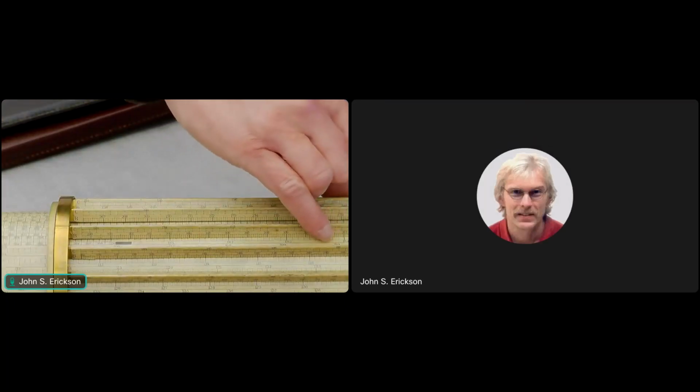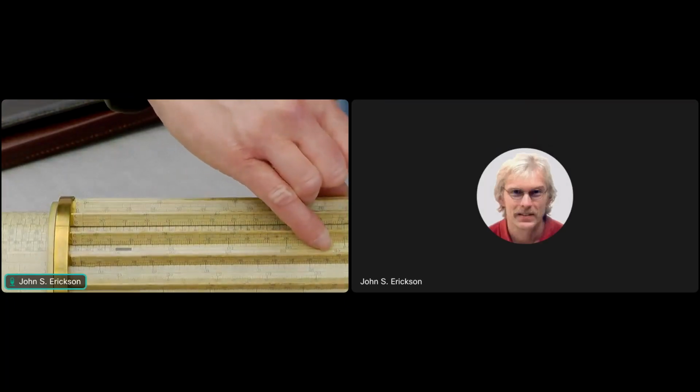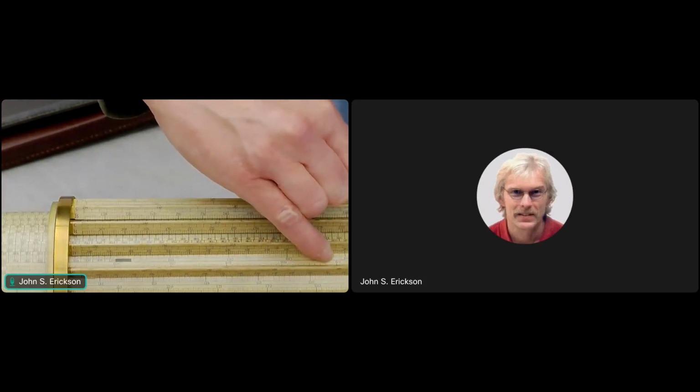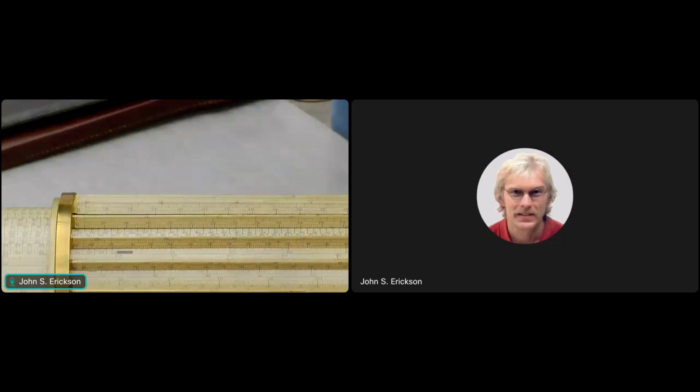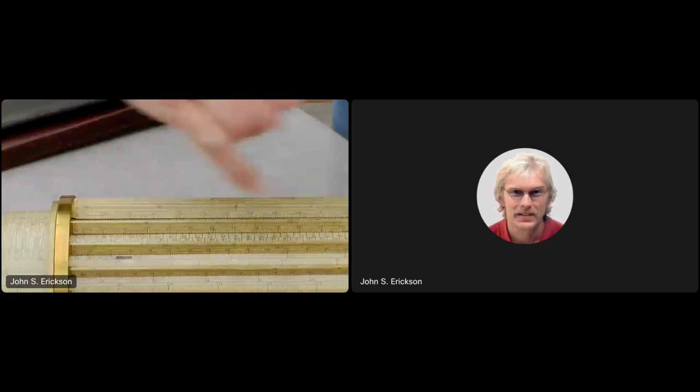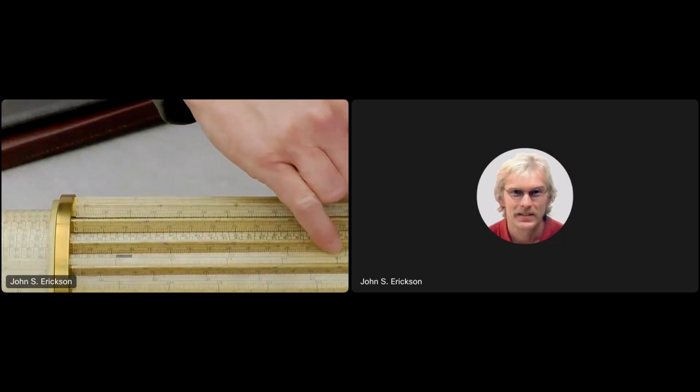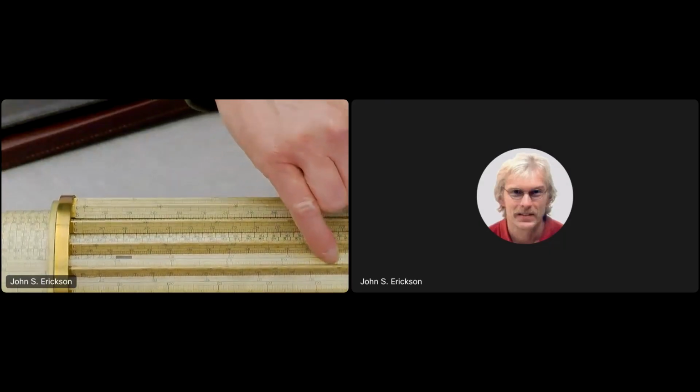Can we see over here? Do I need to turn it? But you should see here, we've got 110 and we've got 330. We're reading off 330 on our B scale.